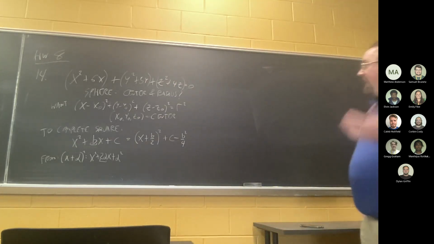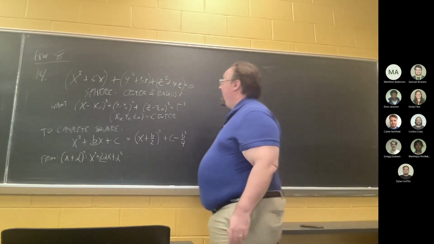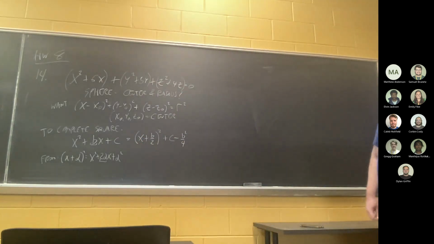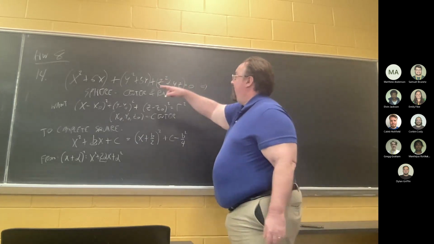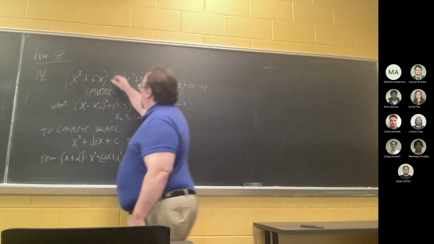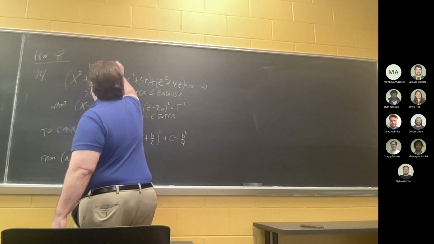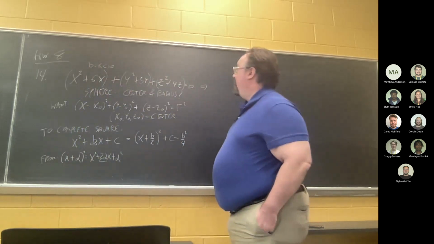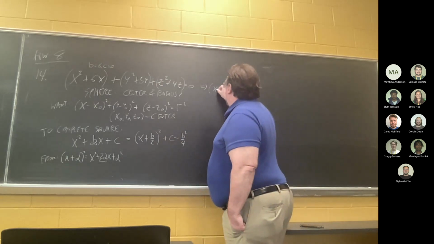Corresponding first to x, then y, and then z. In the case of x, you have x squared plus 6x. So b is equal to 6, and there is no constant term here, so c would be equal to 0. You use that and you get x plus 3 quantity squared.